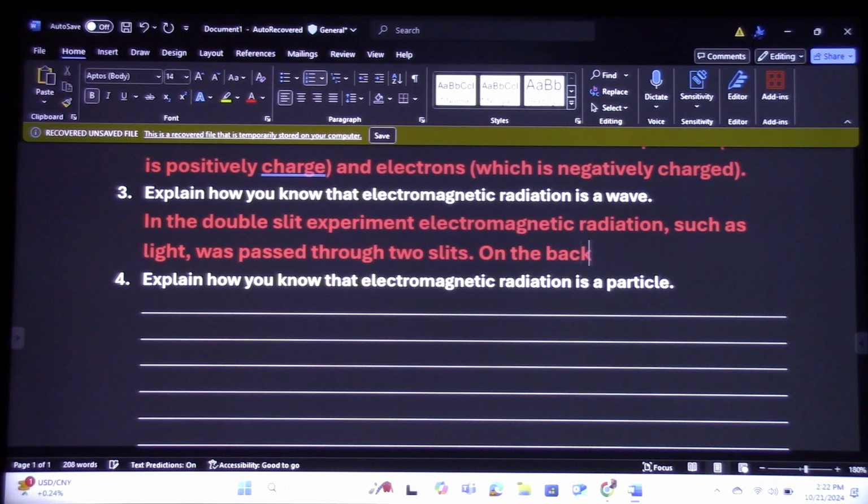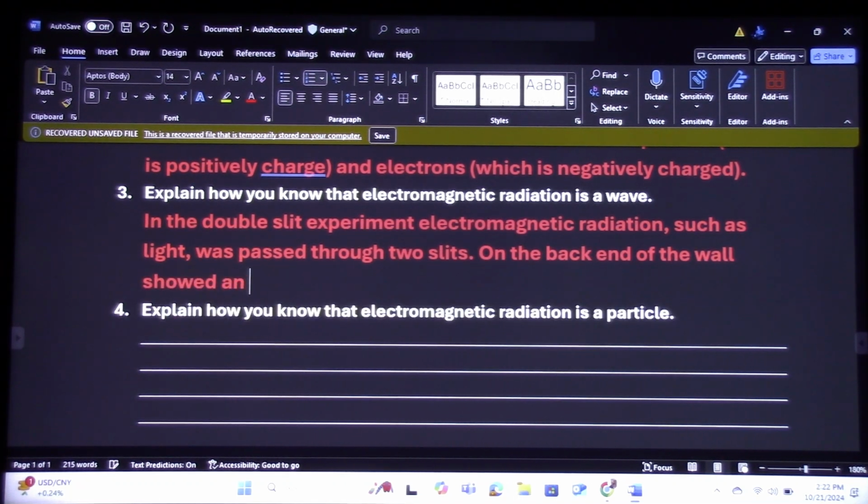On the back end of the wall, it showed an interference pattern, which is a property of waves.